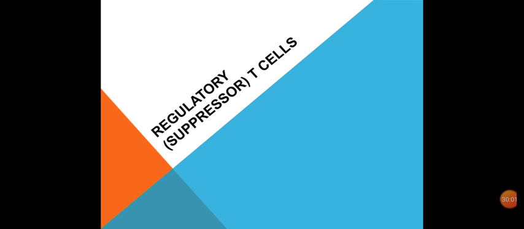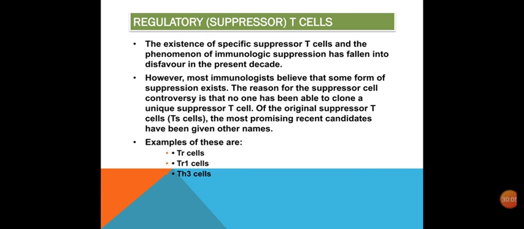Last, we have regulatory or suppressor T cells. The existence of specific suppressor T cells and the phenomenon of immunologic suppression has fallen into disfavor in the present decade. However, most immunologists believe that some form of suppression exists.